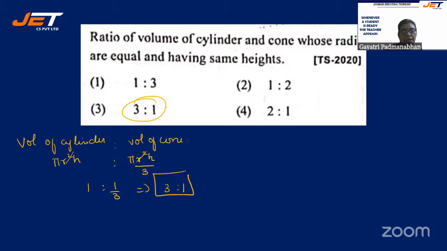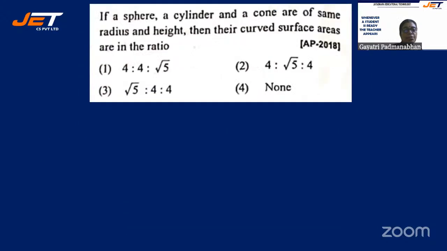Okay, let's see the answer. Yes, it is option 3. See the next question. If a sphere, a cylinder, and a cone are of same radius and height, then the curved surface areas are in the ratio dash.